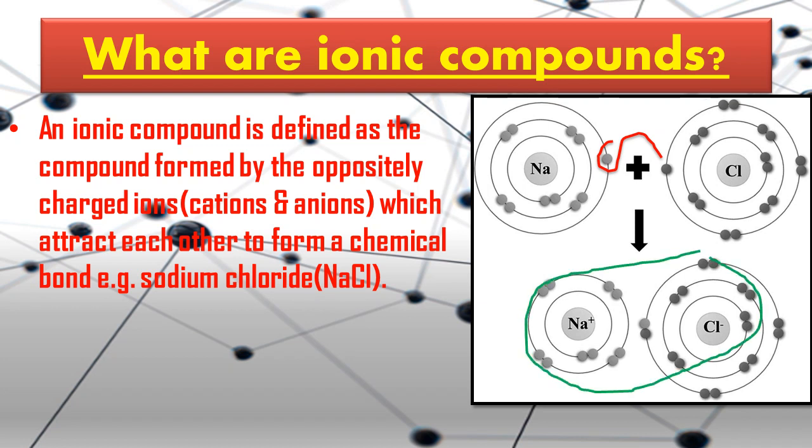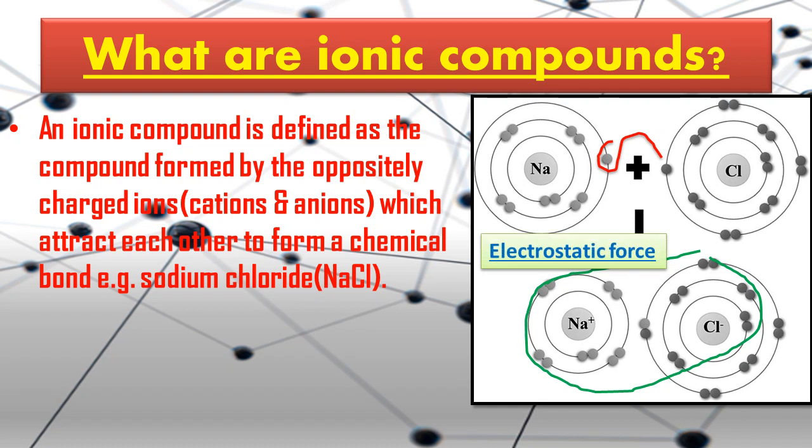After losing one electron, sodium becomes Na plus, a positively charged cation, and after gaining one electron, chlorine becomes Cl minus, a negatively charged anion. The compound formed due to these oppositely charged ions is called an ionic compound.